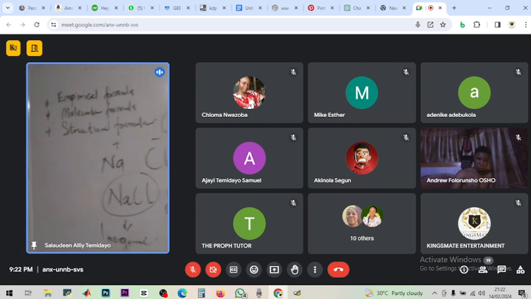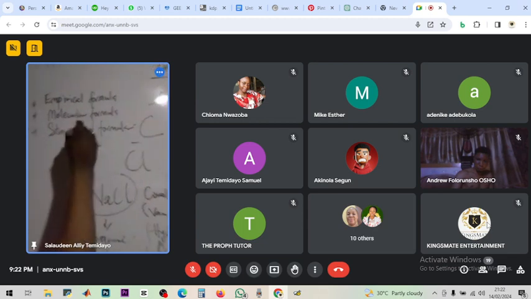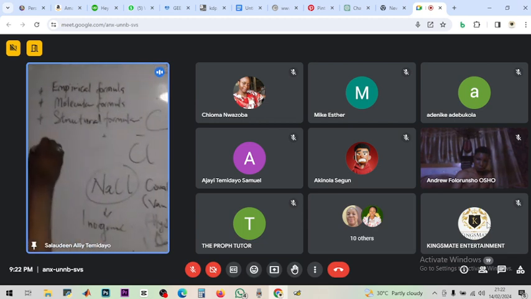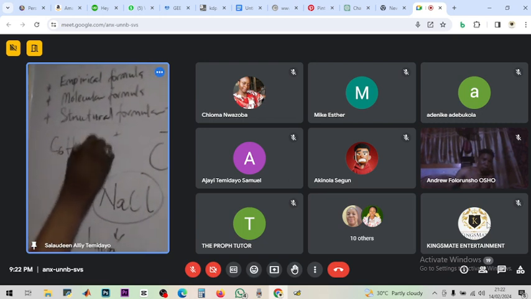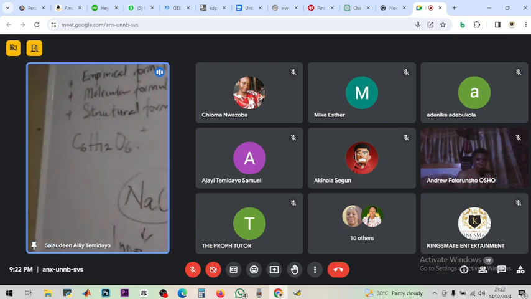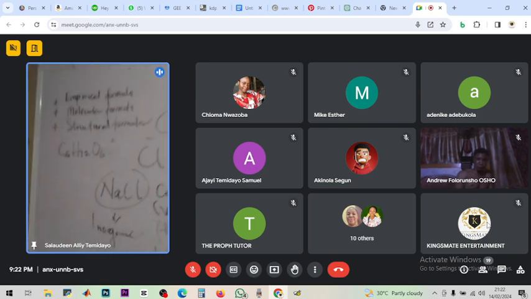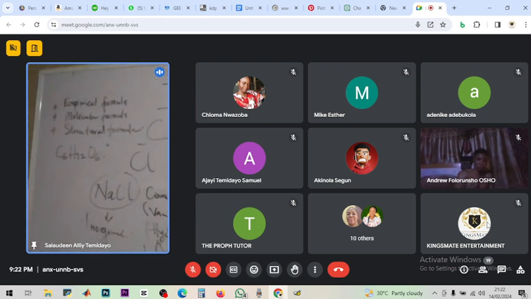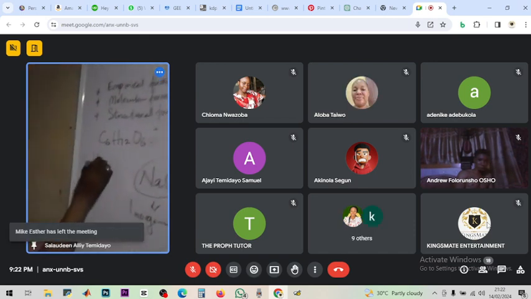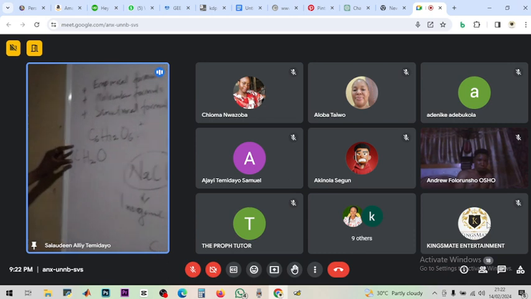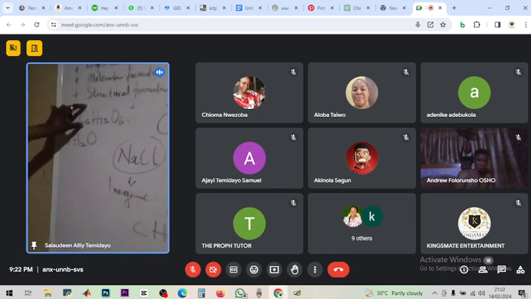Glucose has the formula C6H12O6. Empirical formula doesn't do any work other than giving us the relative amount of the components of that compound. I have CH2O. Do you agree with me that these two formulas are the same? This is the empirical formula. This is the original formula.